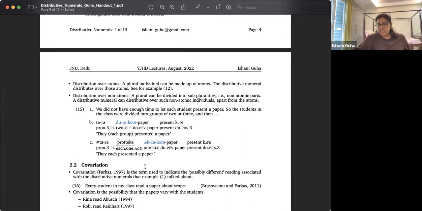In this case, the interpretation is not that each of the students presented a paper. Rather, each of those subgroups that we divided the students into, Tara stands for that plurality formed of the groups that we formed in the class before the presentation.